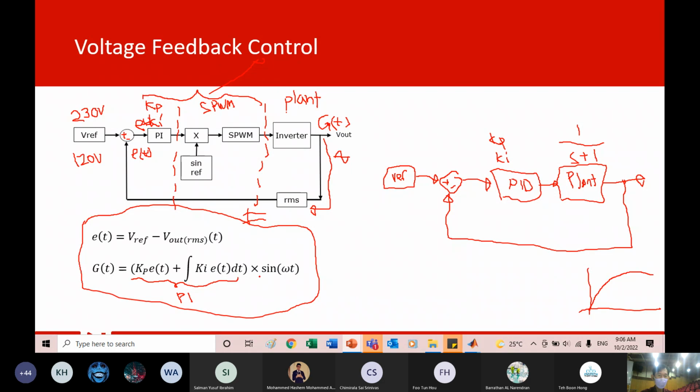And then multiply by sine omega t, which is represented by this set here, multiplied by your sine reference or sine omega t. So that you will construct your feedback control.